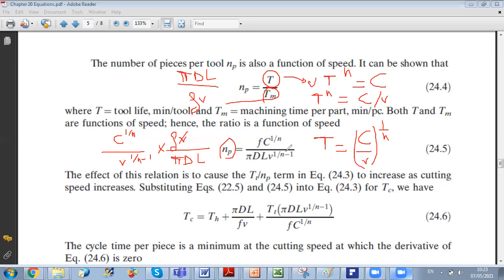Now, if we replace back into our equation of total time, as we said, T handling is constant, and T machining is inversely proportional to the cutting speed.